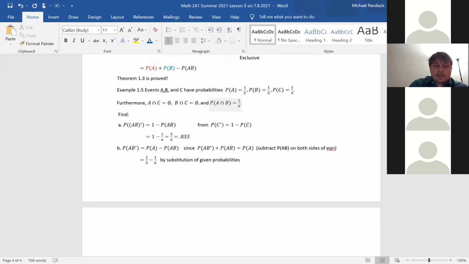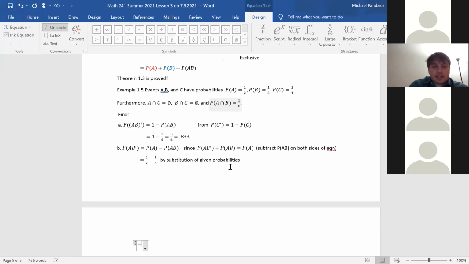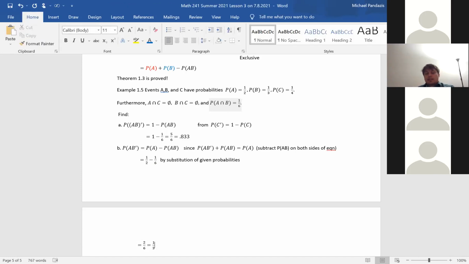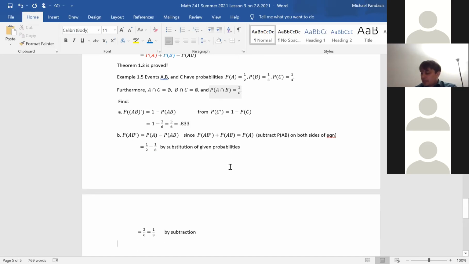And so that's equal to 1/2 is 3/6. 3/6 minus 1/6 is 2/6. That's equal to 2/6, which is 1/3. Okay. That's just by subtraction. And so the answer to part B, P of AB prime, is 1/3.